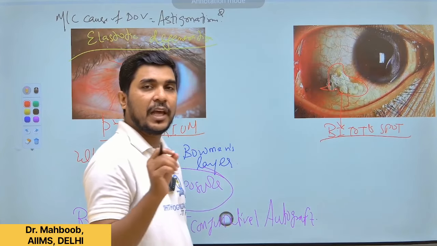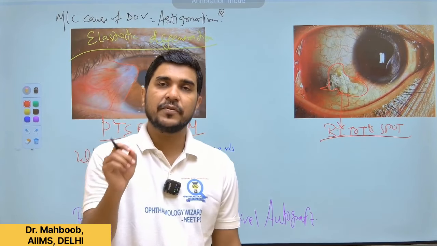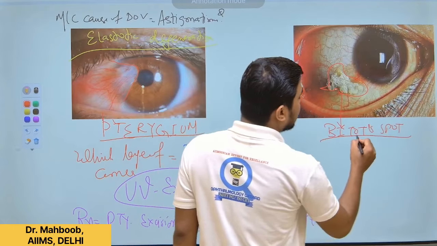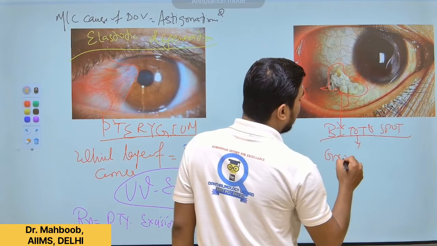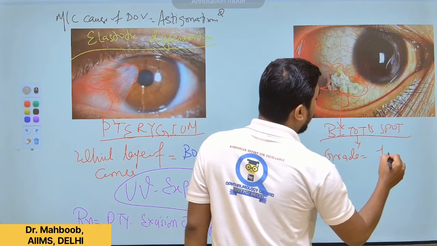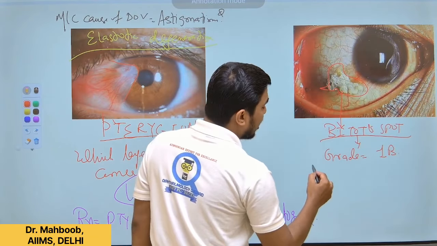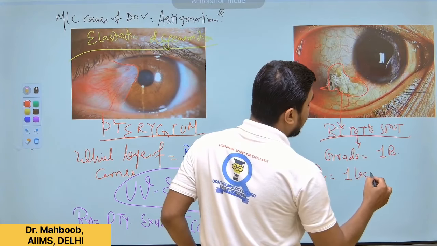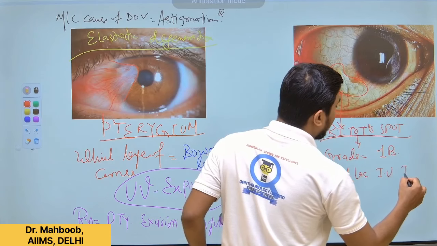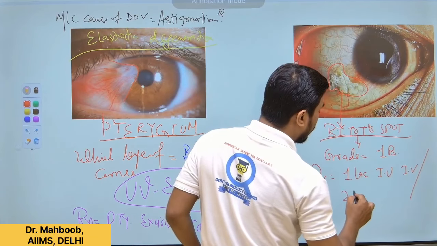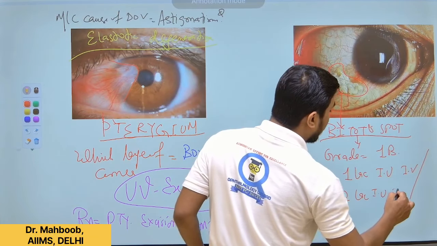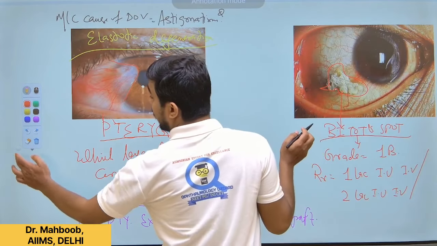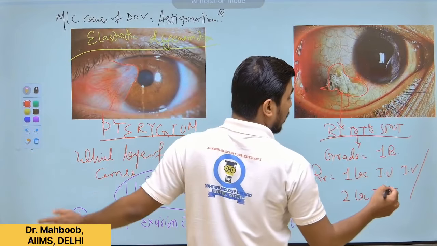According to the WHO classification of xerophthalmia, this Bitot's spot comes under grade 1B, and the treatment for this will be 1 lakh international unit IV or 2 lakh international unit IV. Sorry, not IV, oral. It is oral.